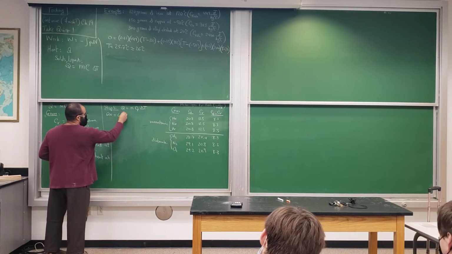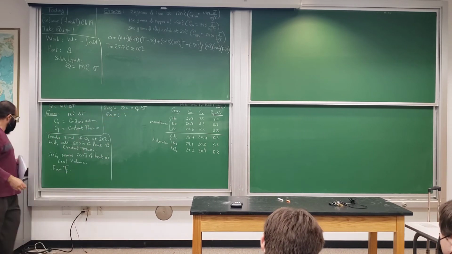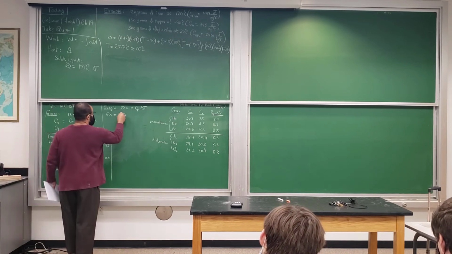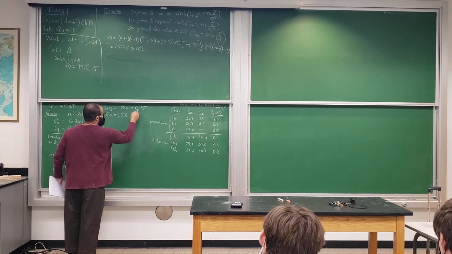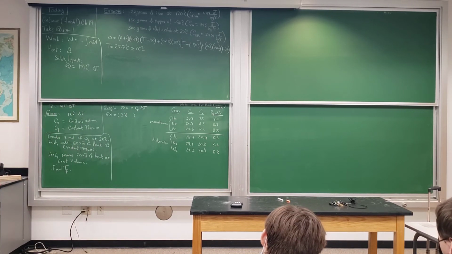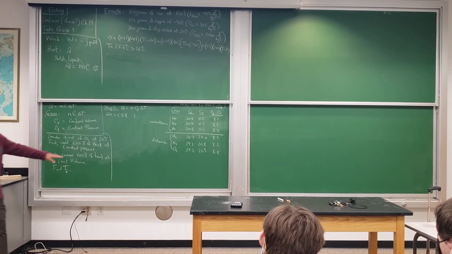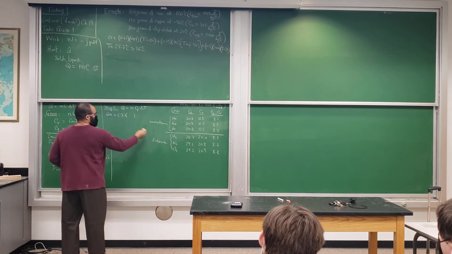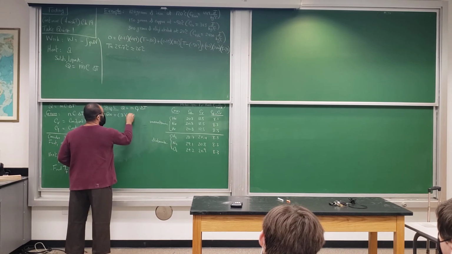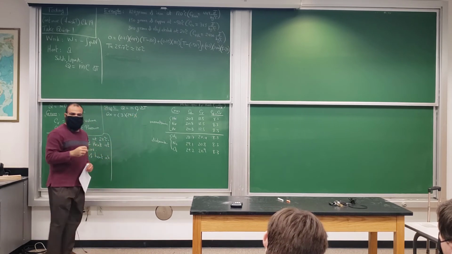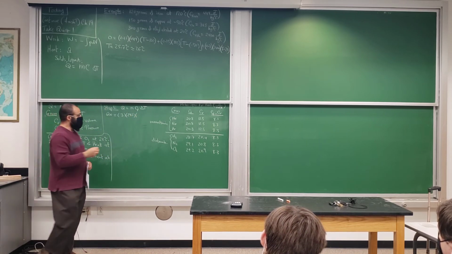Do I know n, the number of moles? Yes, we have 3. Do I know Cp? Yes, it's oxygen, so what does it say? 29.2, right, for oxygen according to this. Hopefully I copied them right. And then delta T is T final minus T initial, the change in temperature.